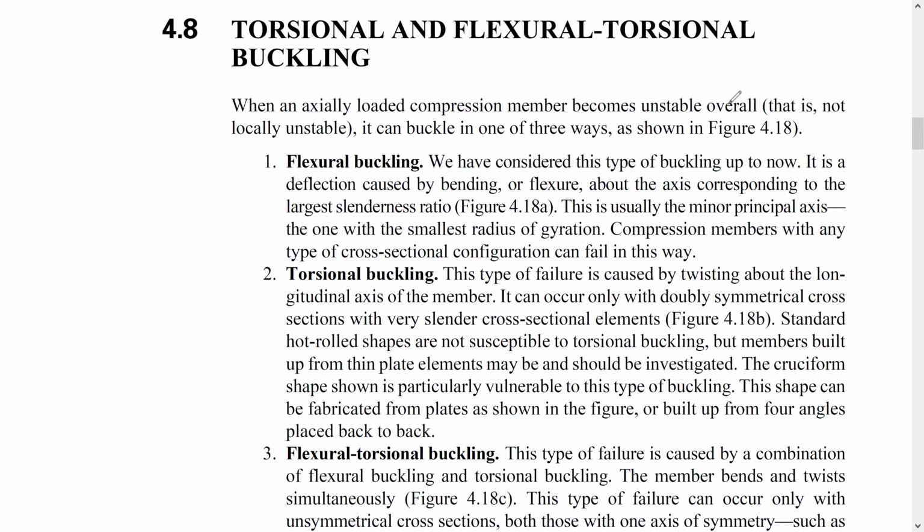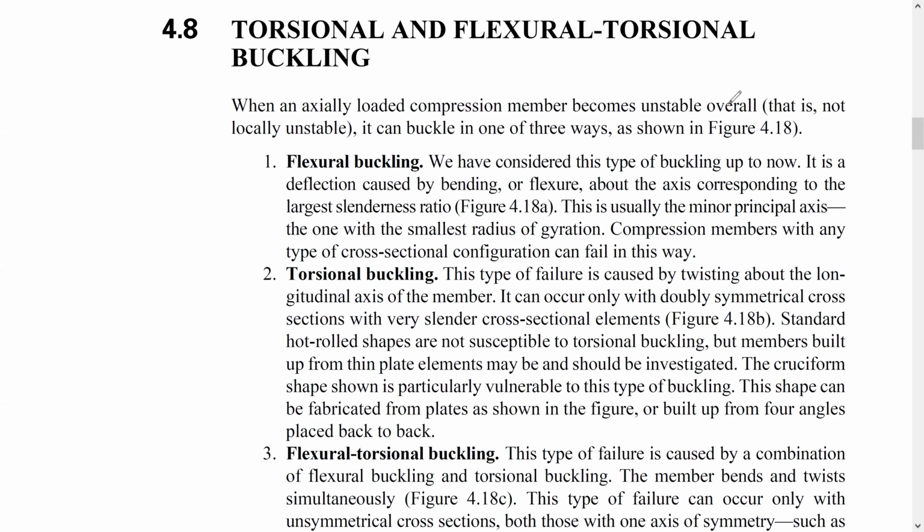Today, inshallah, we're going to talk about torsional and flexure torsional buckling, and then we will move to built-up members or sections. If the compression member is loaded axially, it will be unstable, which is overall instability, not the local buckling.